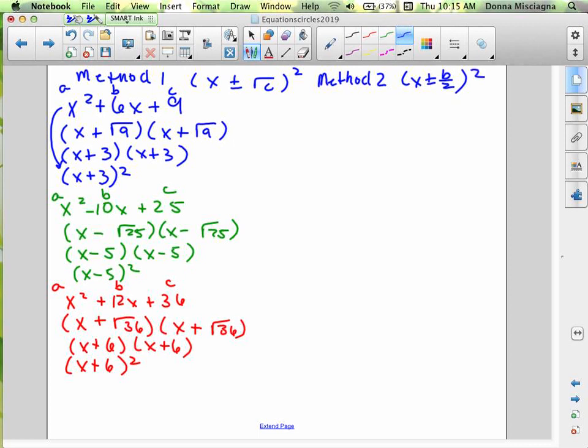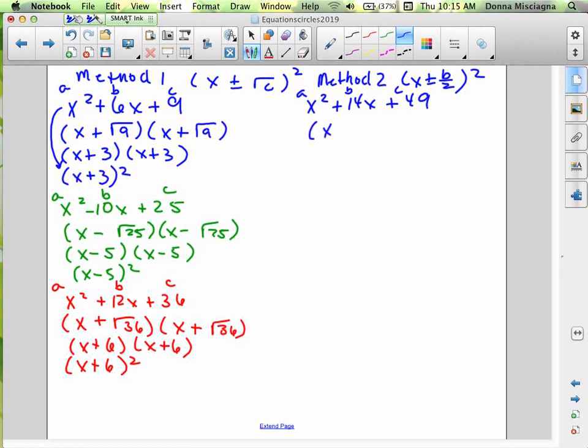All right, so for the fourth one, we have x squared plus 14x plus 49. So a is the coefficient on x squared. It's not going to matter. It's always going to be 1 when it's a perfect trinomial. B is the coefficient on x, and c is the constant term. Right? So now I'm using x plus b divided by 2.